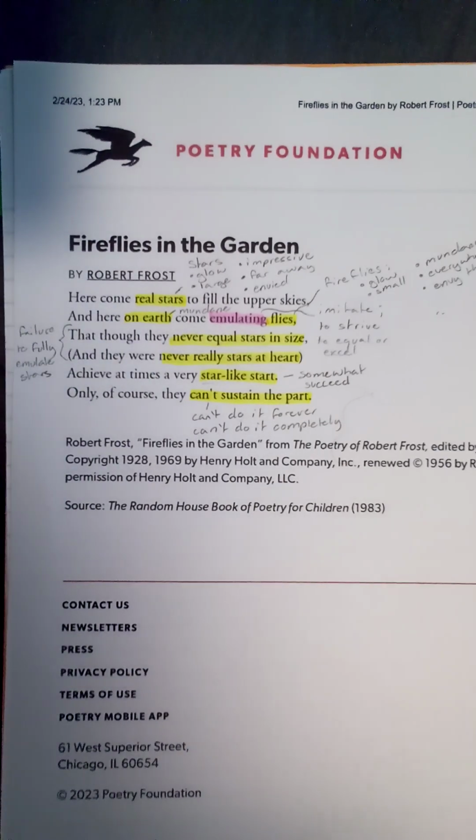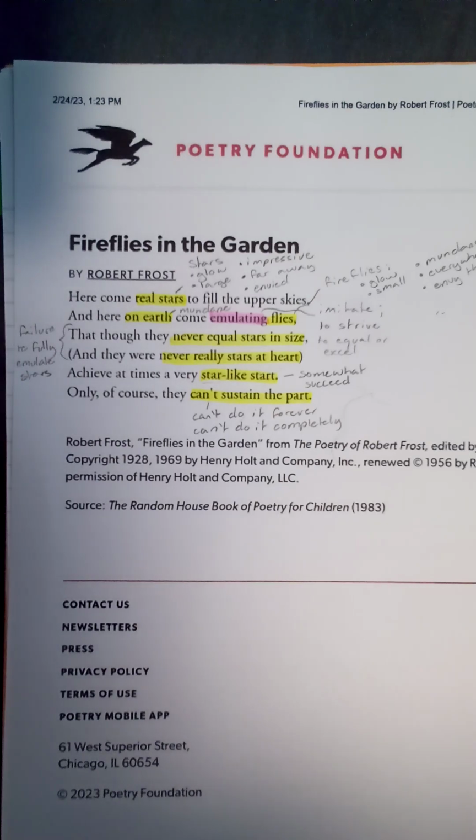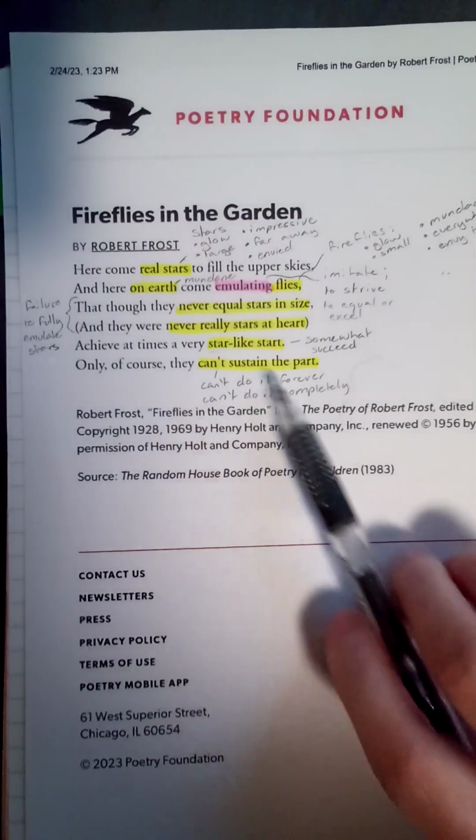Alright, so I think this poem means that we're looking at flies versus stars. There's a comparison here. And it's talking about how the flies, even though they can't fully emulate the stars, they are a little bit star-like, and that's encouraging, right?